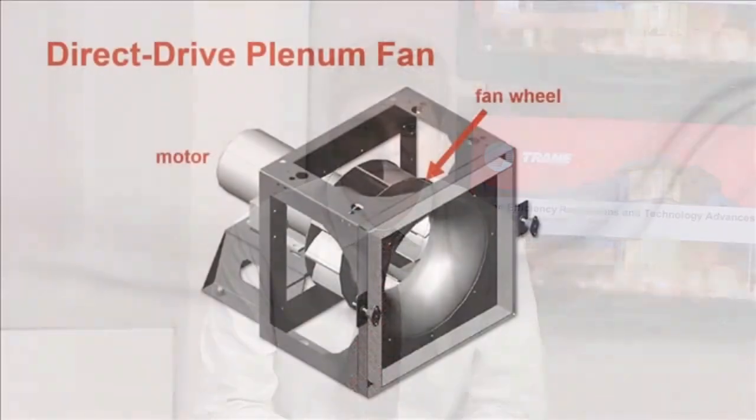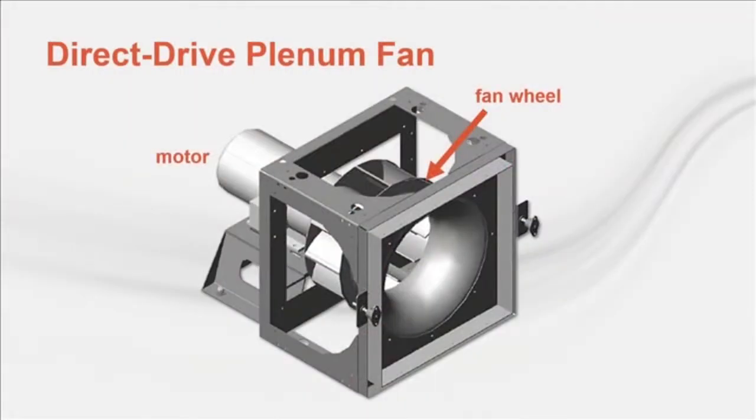Historically, most large fans used in HVAC systems have used a drive kit consisting of one or more belts and associated sheaves to connect the motor to the fan shaft. However, as variable frequency drives have become more cost-effective and reliable, direct drive fans have become more popular, direct drive plenum fans in particular. With the direct drive plenum fan, the fan wheel is mounted directly on the motor shaft.